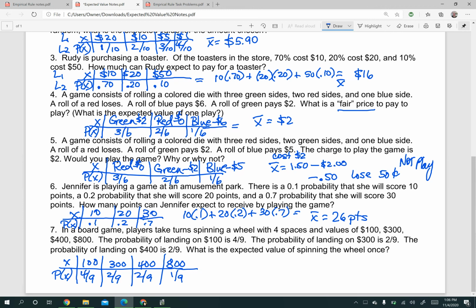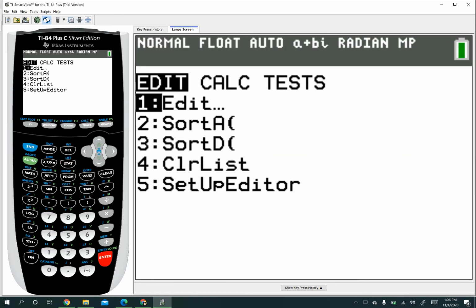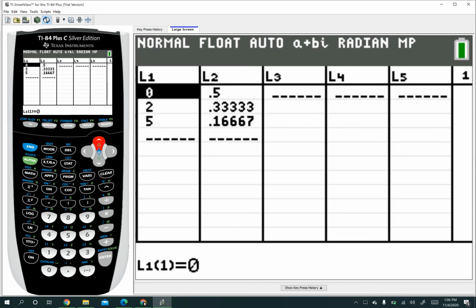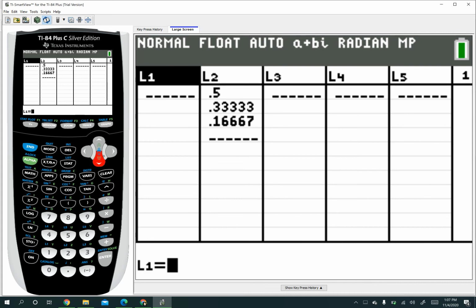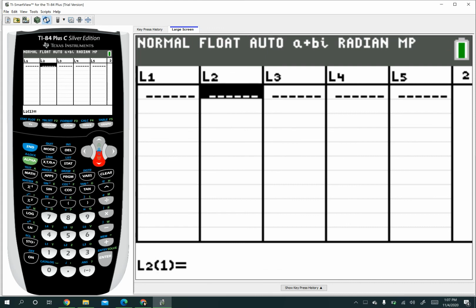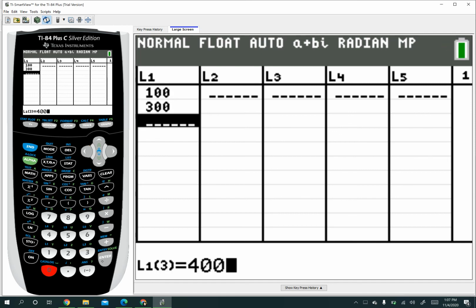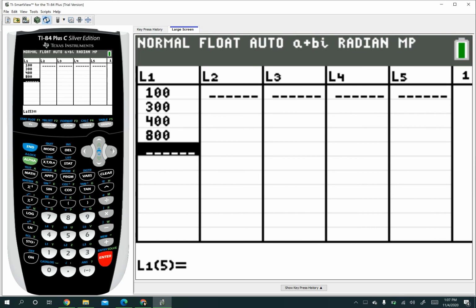So now we can plug that in our calculator. We get 100, 300, 400, 800.